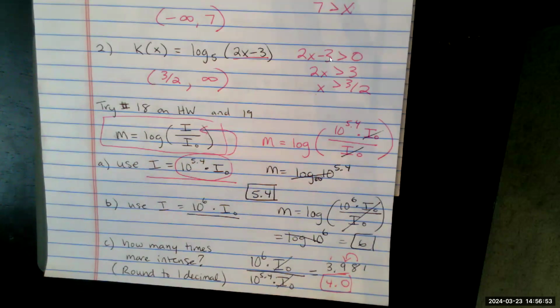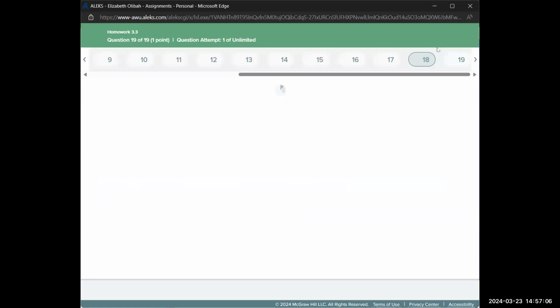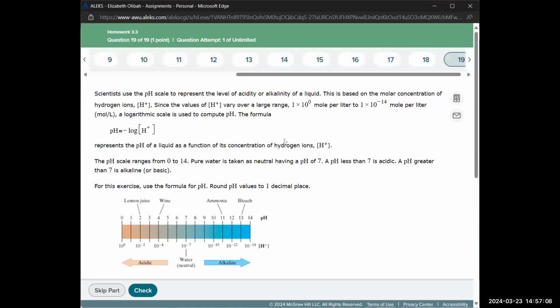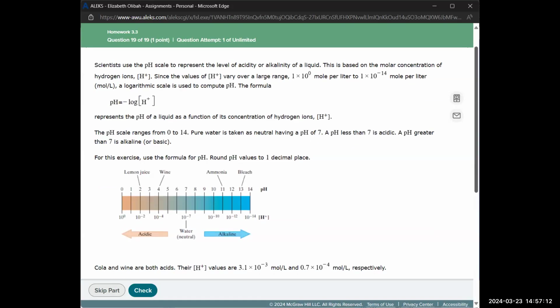Okay, going back to the homework, because the next one has a lot of writing as well. So I just wanted to point out what it's asking. So 19 has a lot going on here. It's basically just giving us a range of these pH values.